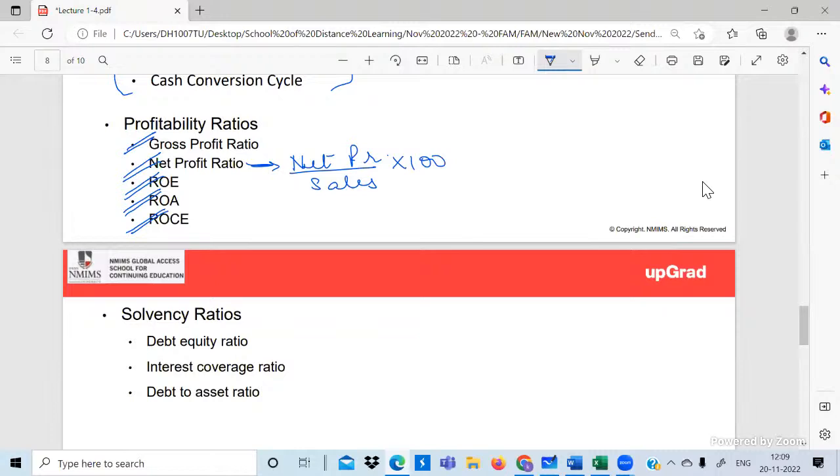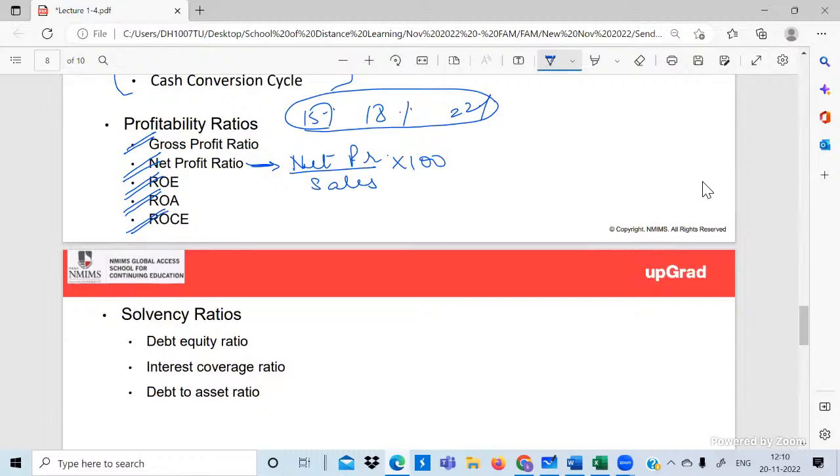So let's say, if you look at the number for the last 3 years, your net profit ratio was 15%, then it became 18%, and then this year it is 22%, which means year on year, your net profit ratio is going up. But at the same time, you'll also compare it with, let's say, your peers.